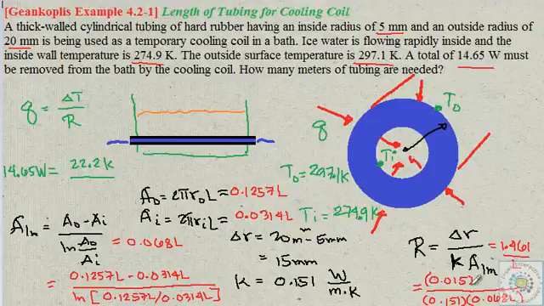Delta R is in meters, K is in watts per meter Kelvin, and the area is in meters squared.